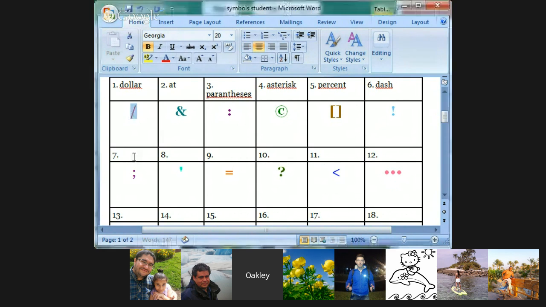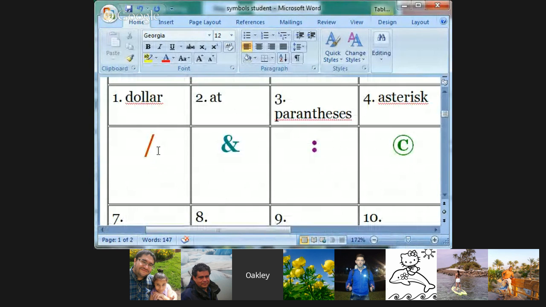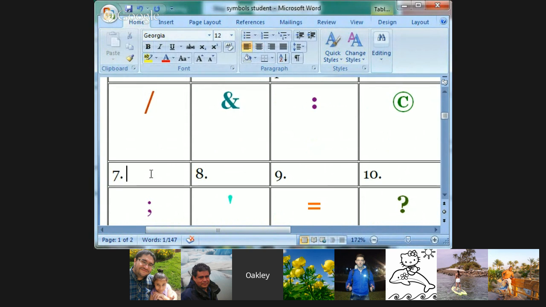I can't see the symbol. Semicolon. Can you see it now? Semicolon. No, where? Number 7 above the number here. I don't know. Slash? That is a slash. Whoops, not a slask.